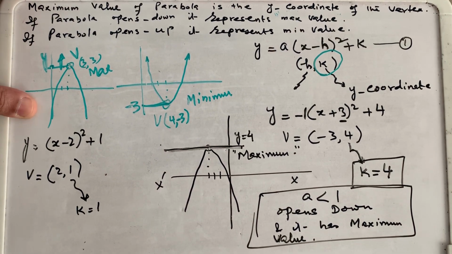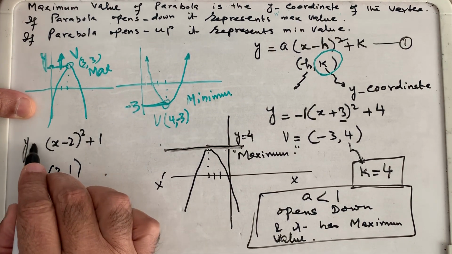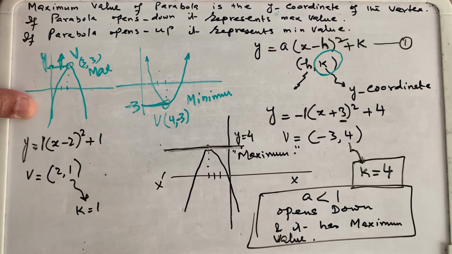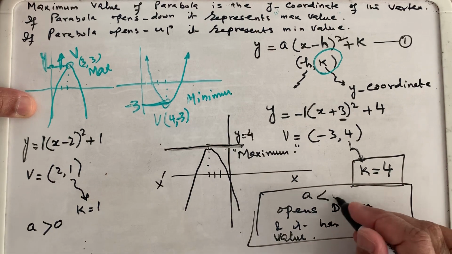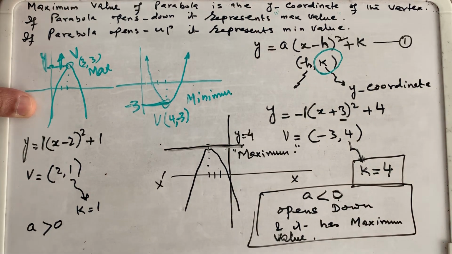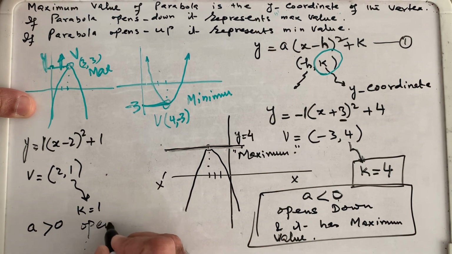So that means now here, what is a? A is 1, right? If there is no number, then a is 1. So a is 1 means a is greater than 0, right? A is greater than 0. Oh, here I have to say a is less than 0, right? A is greater than 0. When a is greater than 0, it has a minimum value. Opens down, opens up.